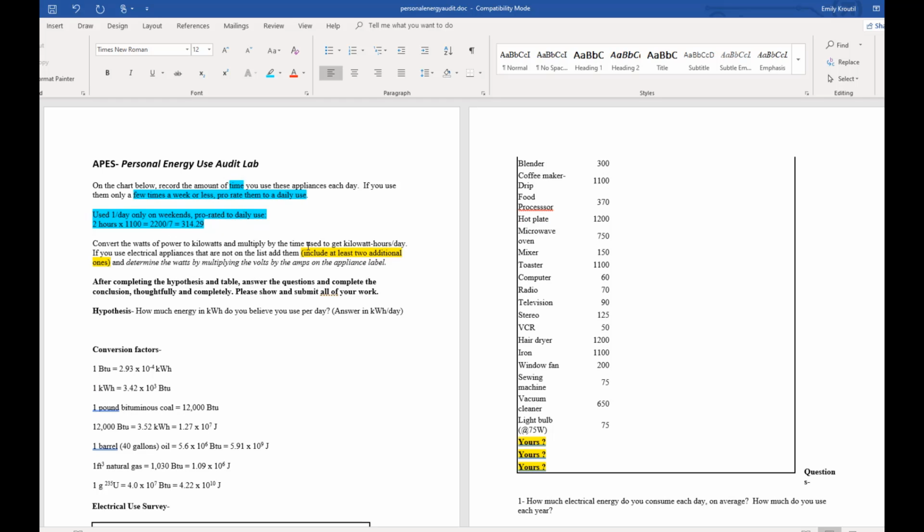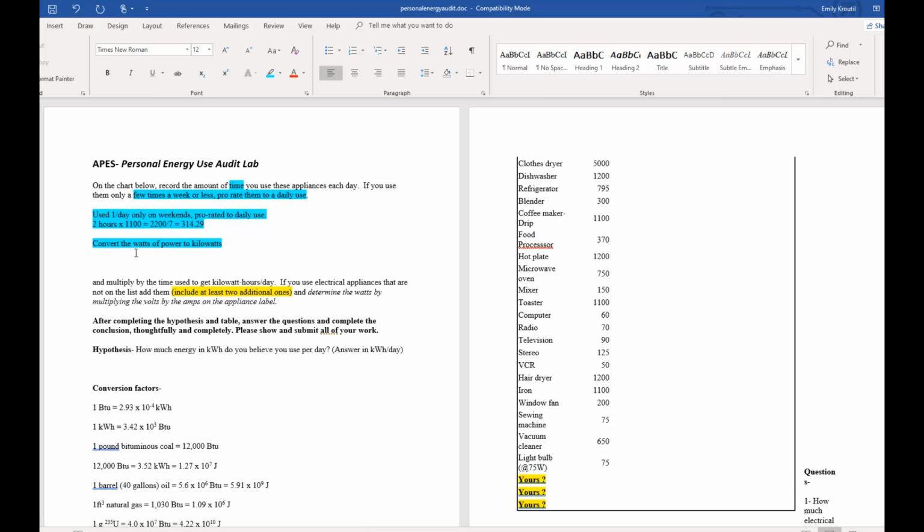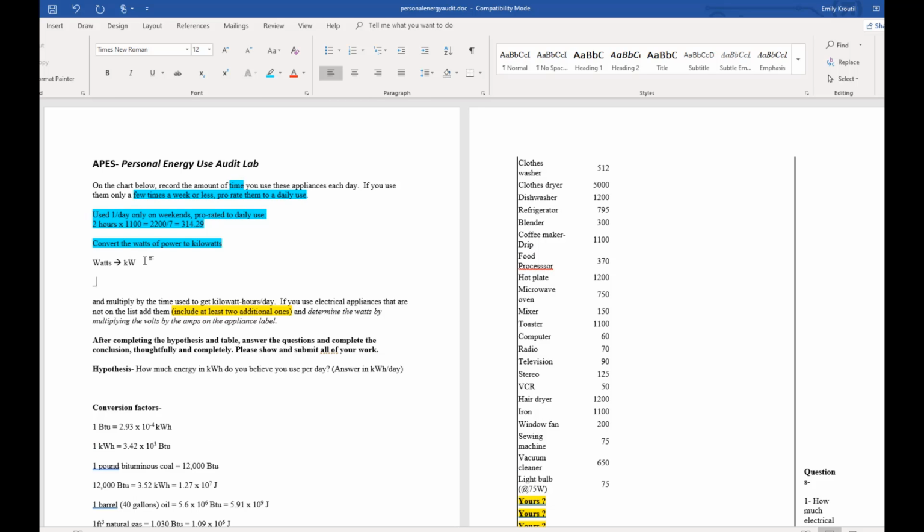Then it says convert the watts of power to kilowatts. Okay, so let's discuss that a little bit. To do watts to kilowatts, you'll have a number of watts, and then there are 1,000 watts in 1 kilowatt.